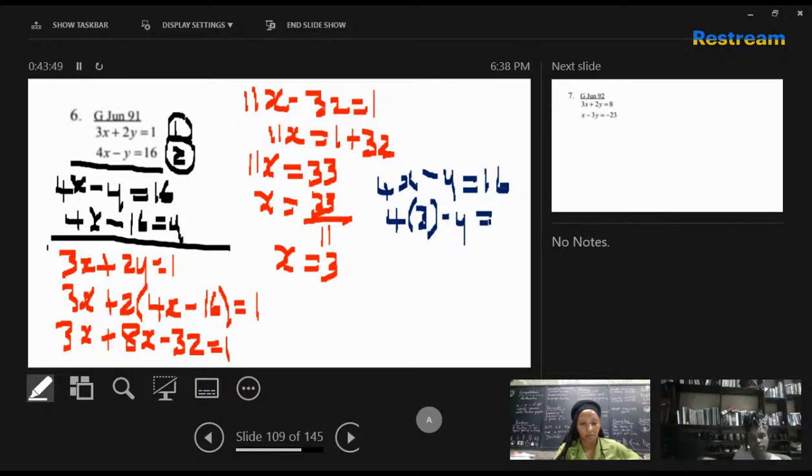That would be 12 minus y equals 16, and that would be 12 minus 16 equals y. And y would be negative 4.